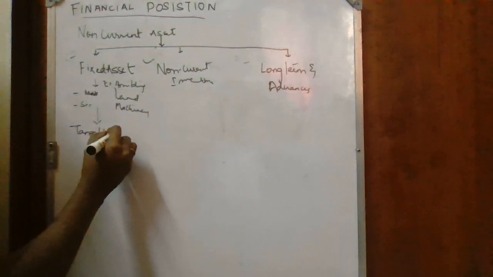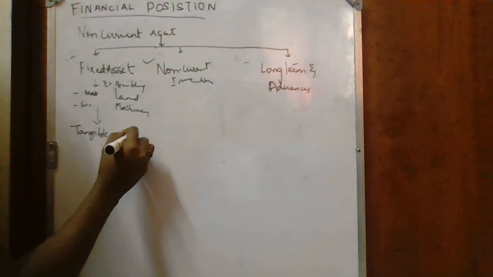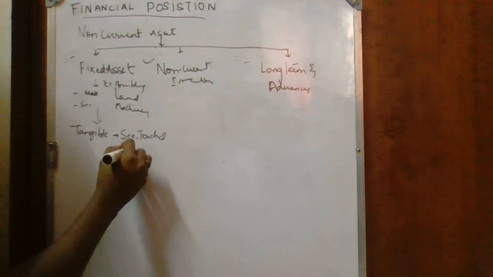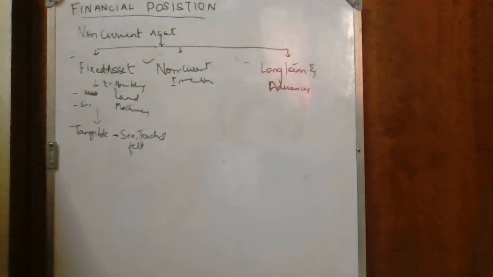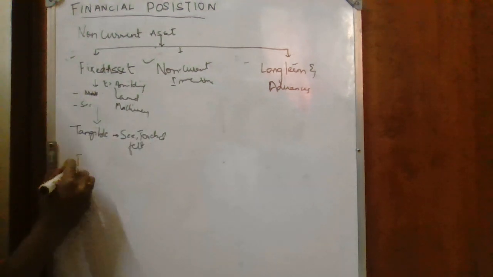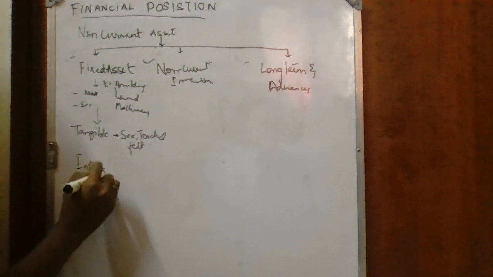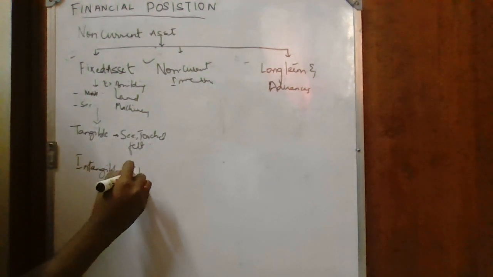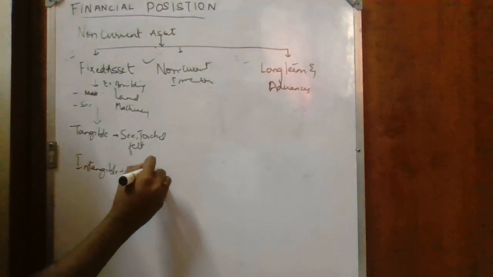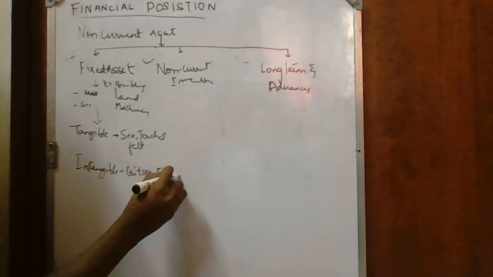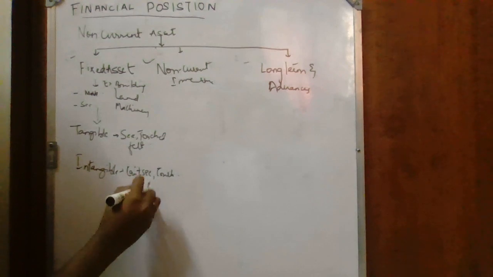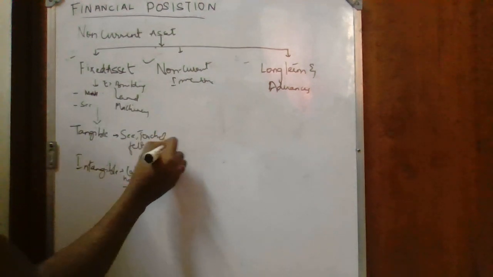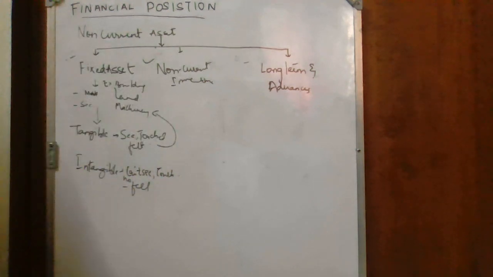Tangible assets are those which can be seen, touched, and felt by the business. Next is intangible assets. Intangible assets are those which you can't see, can't touch, and can't feel.